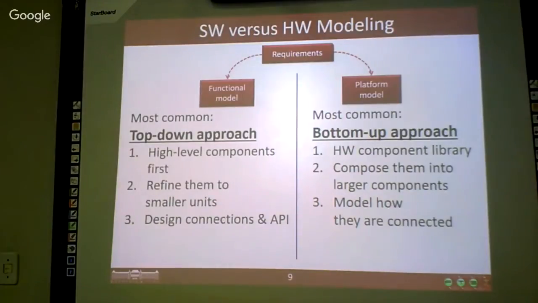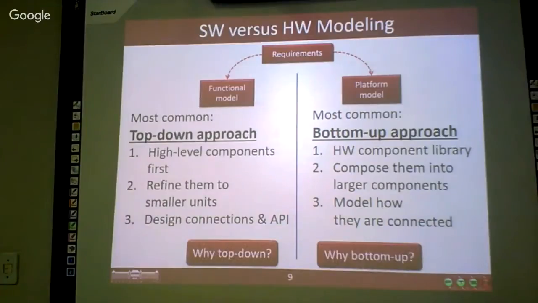We start the design with the hardware component library, and we compose these components into bigger components and model how they are connected. So what is your opinion? Why do we use a top-down approach in the functional part, and in the platform model, this bottom-up approach?